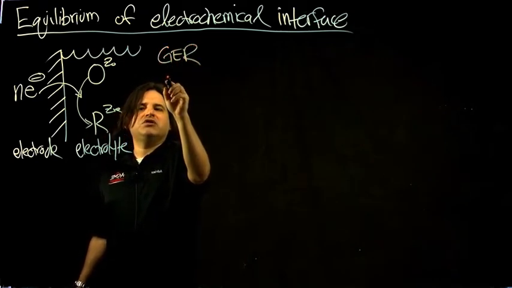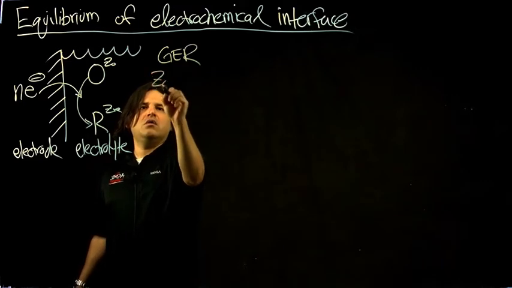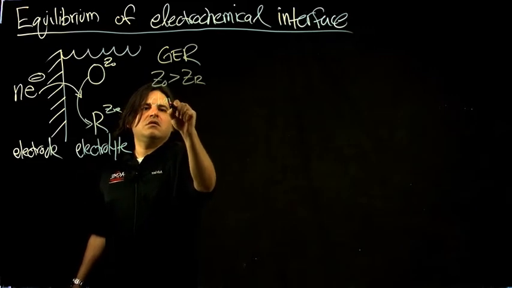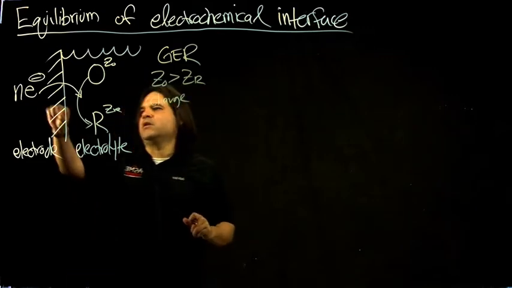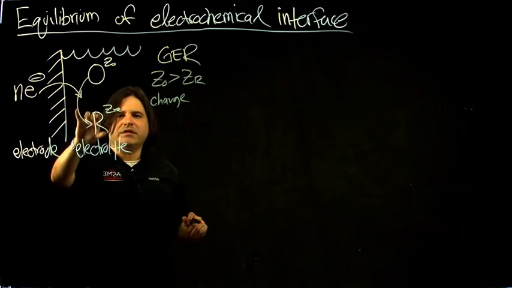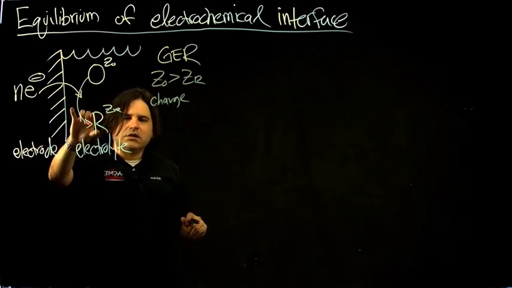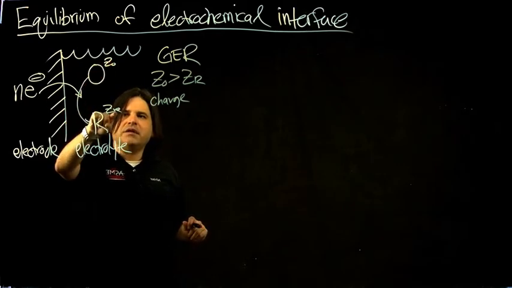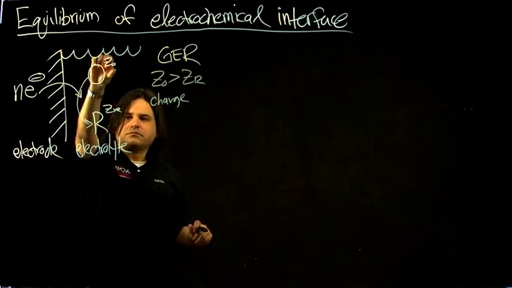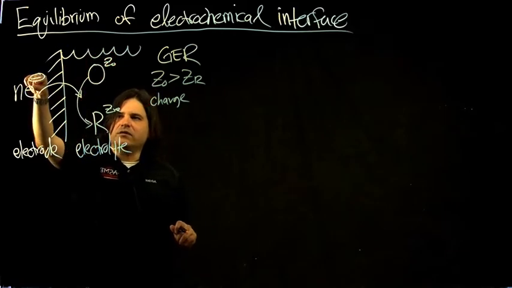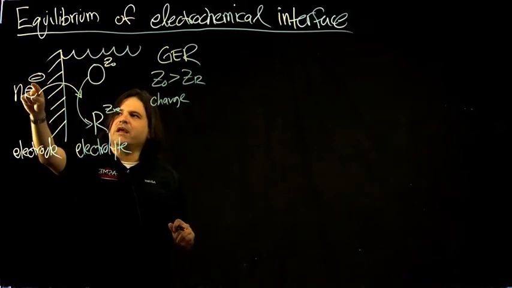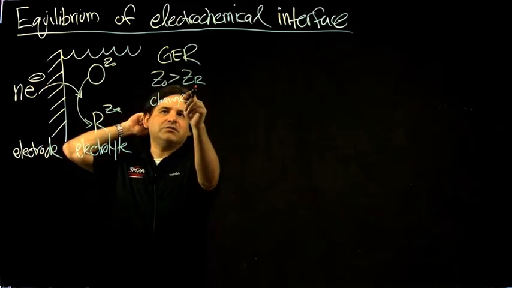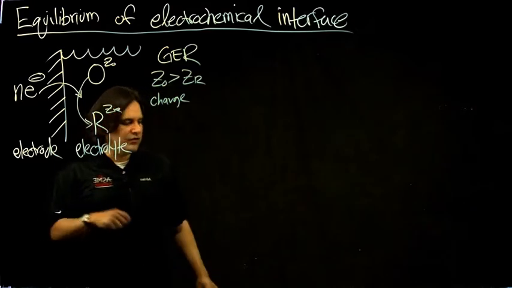That means that the charge of O is greater than the charge of R because a negative charge came into here. So it started off at O and ended up at a different one. It got more negative because it started from here and gained some amount of electrons. So the final charge is smaller, more negative than it started off with.